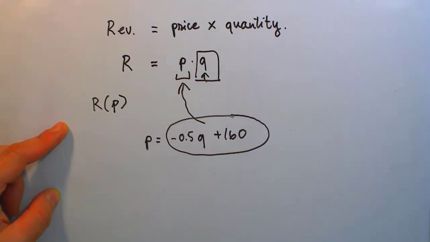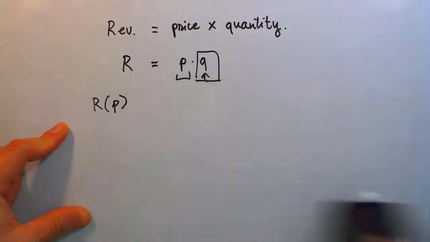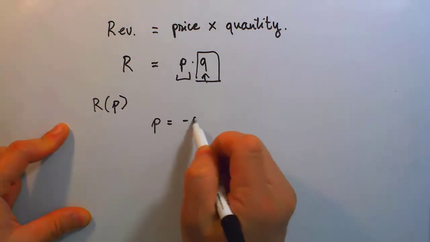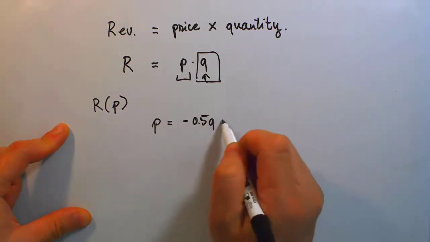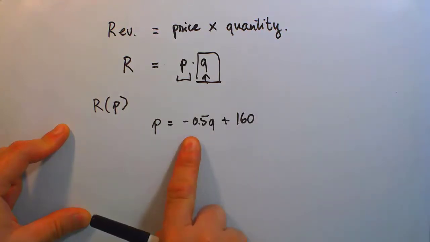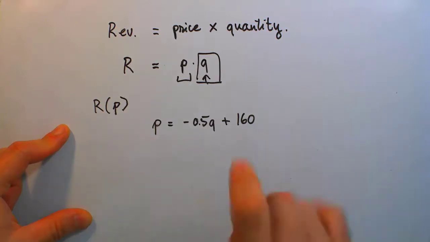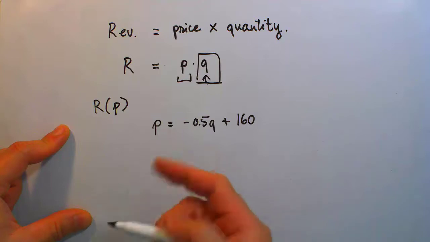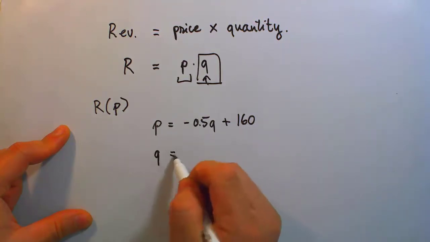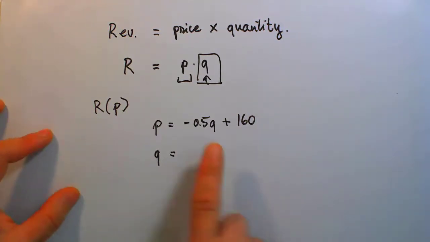Allow me to rewrite our demand equation in a cleaner version. P equals negative 0.5 Q plus 160. I had a different video lesson detailing how to rearrange an equation like this to express the variable Q as a function of P. You can find that other video lesson of mine for the detailed steps.